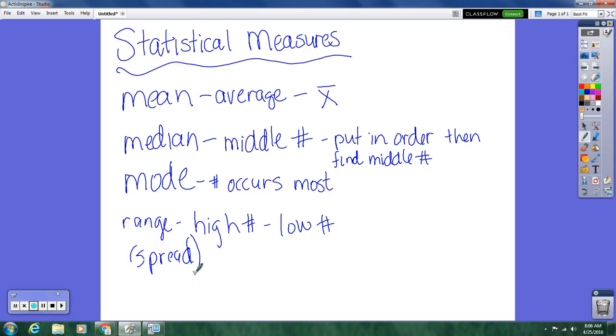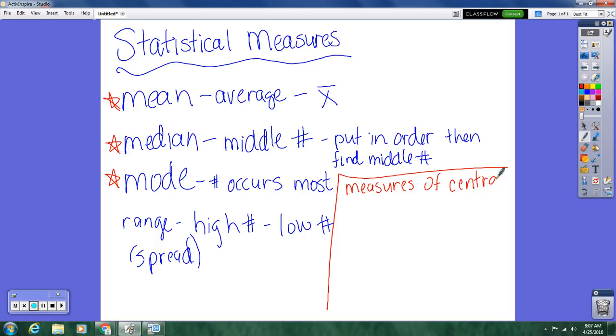Now, they're going to call these three right here, mean, median, and mode, measures of central tendency.